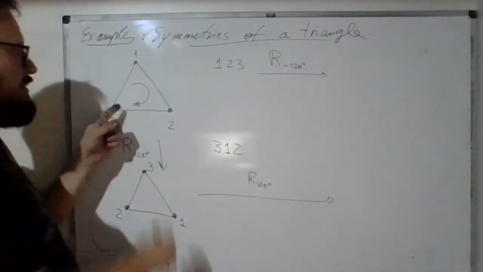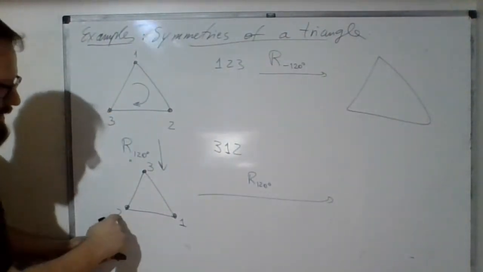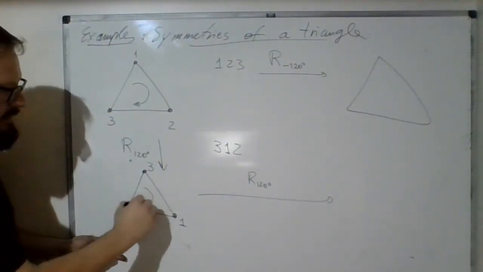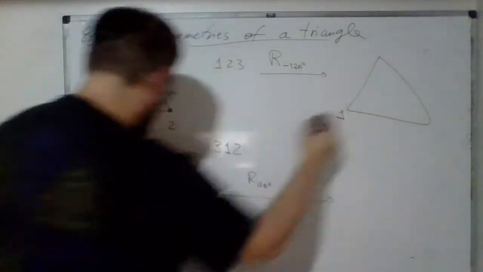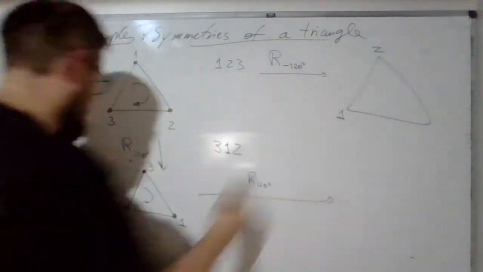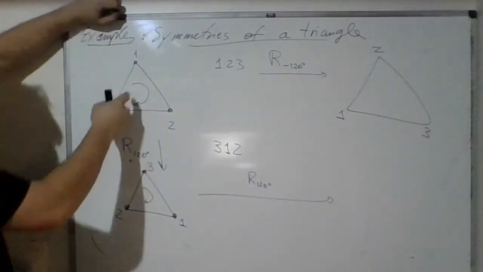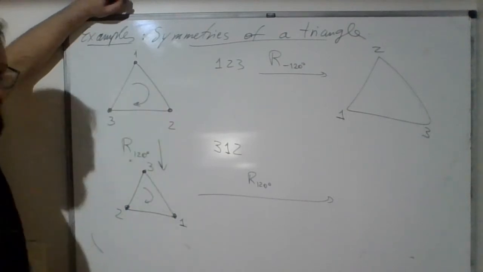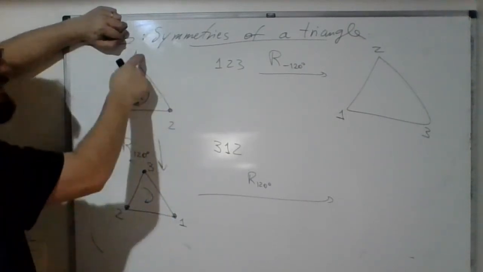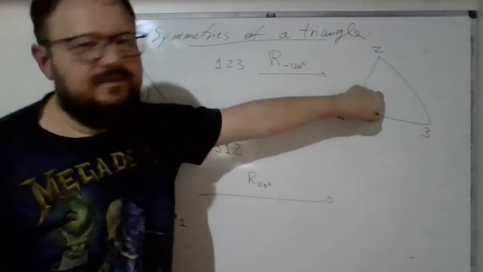Or you can rotate this in the clockwise sense here, so the 1 goes here, the 2 goes here, and the 3 goes here. Notice that is the same as rotating this triangle in the counterclockwise sense. So the 3 goes here, 2 goes up, and the 1 will be found here. This is after the rotation.